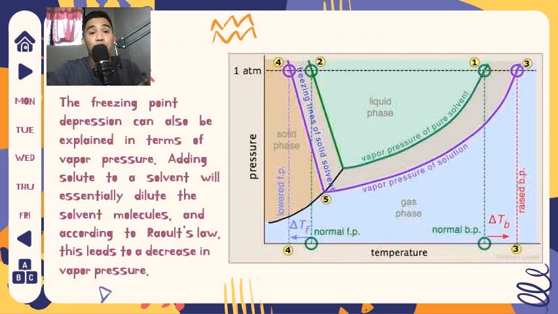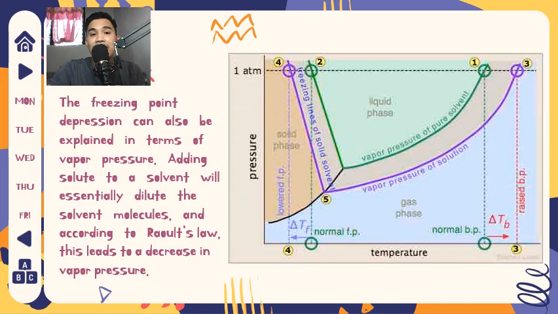The freezing point depression can also be explained in terms of vapor pressure. Adding solute to a solvent essentially dilutes the solvent molecules, and according to Raoult's law, this leads to a decrease in vapor pressure. Let us observe the illustration on this slide.